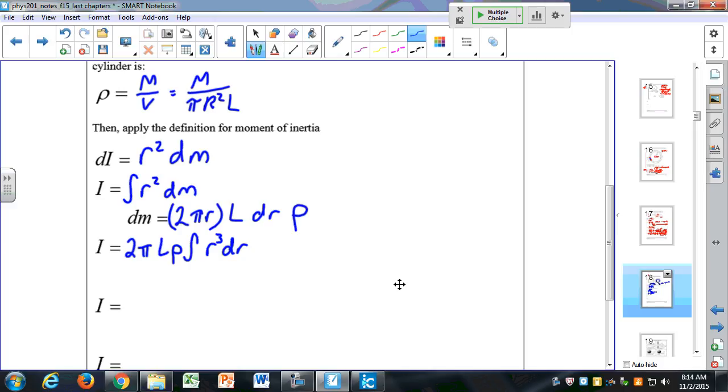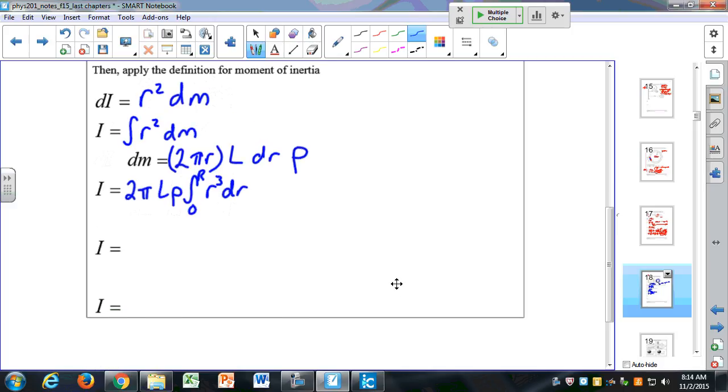But now I have a nice integral that I can evaluate because I have a variable that changes with the differential element. And this is going to be from 0 to big R.